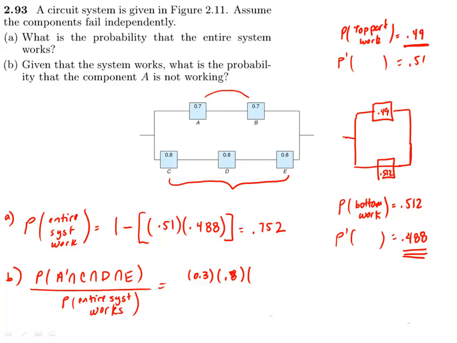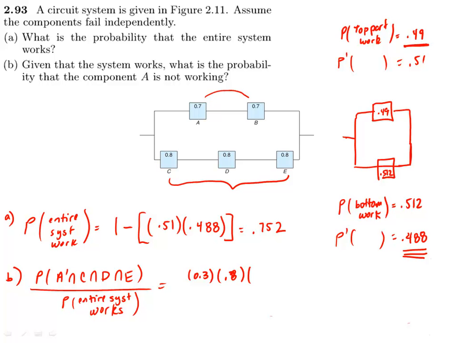So when we say that the system will work, that means that this area will work or this area will work. That will make the system work. One of the two, or both, right? So given that we know that the system is going to work, what is the probability that component A is not working?